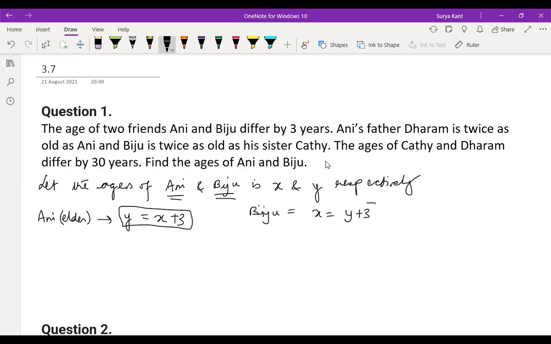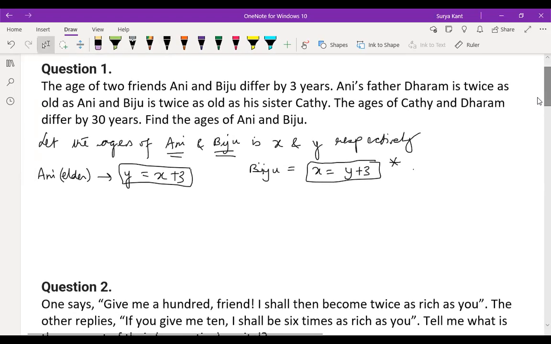Sir, I think you took it a little differently. You have taken Ani as X and Biju as Y. Yes, Ani as X, Biju as Y, correct? Here Ani is elder, so X equals Y plus 3 will be there.